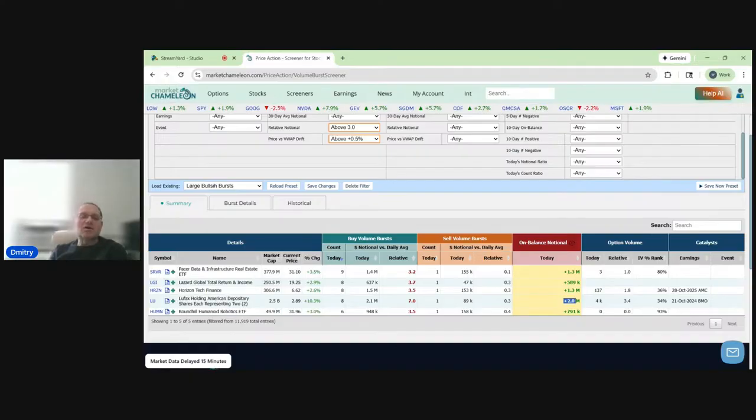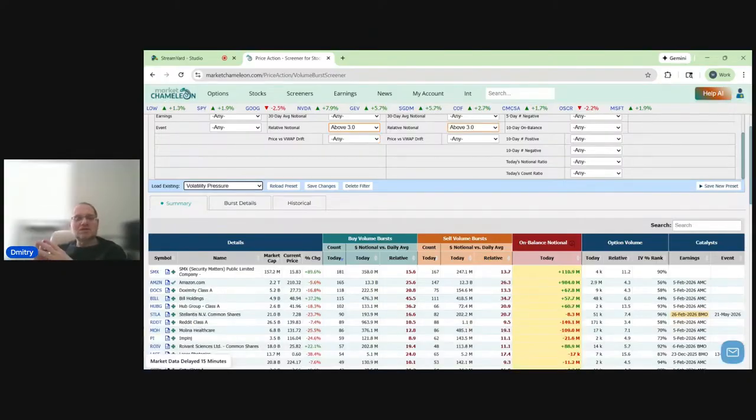We'll take another one. Here's a volatility pressure. So what does volatility pressure mean? When we get a lot of bursts, like look over here, on a relative basis we have a lot of buy volume bursts. We also have a lot of sell volume bursts.